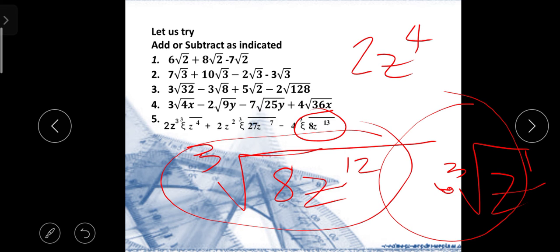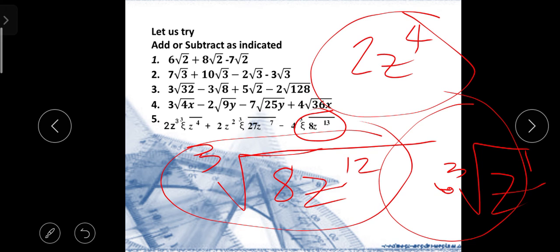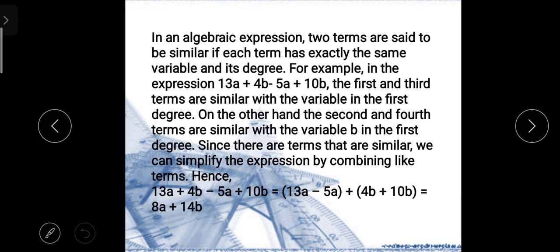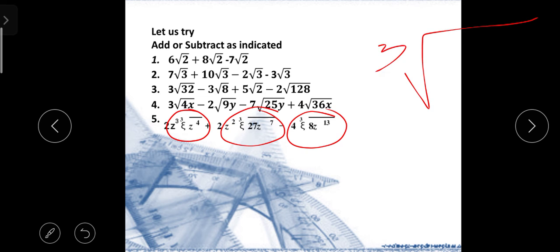Ang hirap kasi magsulat kaya pa isa-isa natin siyang isinusulat. But anyway, masusundan nyo siya kung meron kayong hawak na book. Okay? So, yun na po yung mga terms na nakuha natin. So, pwede na natin siyang pagsama-samahin since doon sa first term, second term, at third term, meron na tayong like terms na cube root of z. Kasi 'di ba lahat sila na i-factor natin perfect cube.